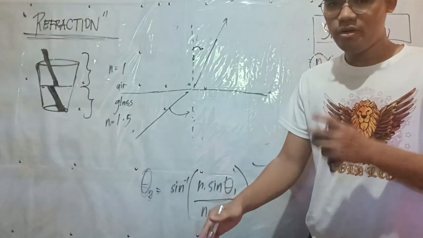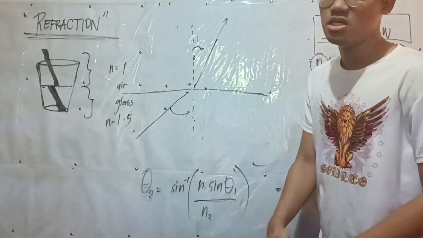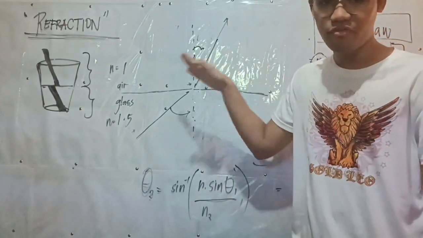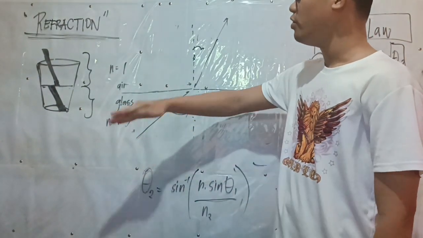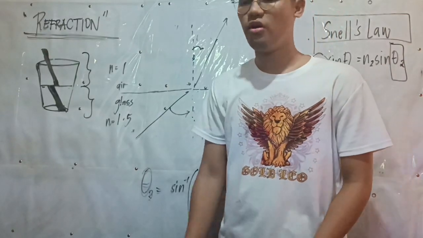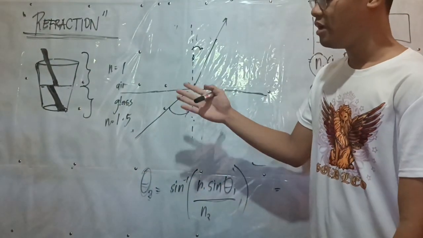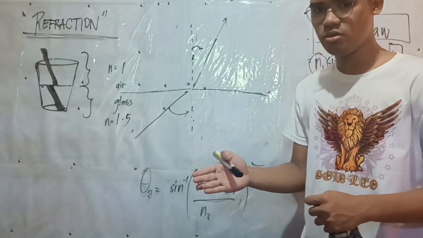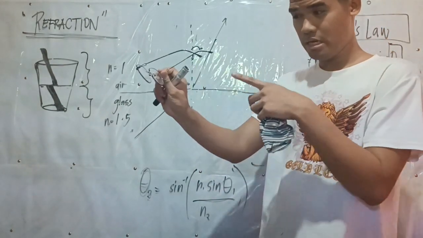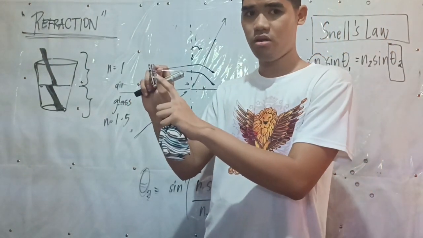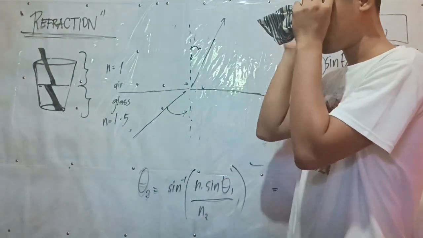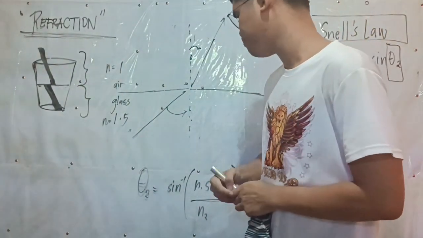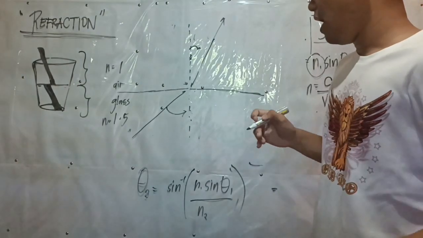Now let's talk about getting the angle of refraction going from a higher index of refraction, 1.5 from glass, to air, which is 1. So we're going to use the illustration of what if a light passes through the glass, for example, right here. What would the angle of refraction be?